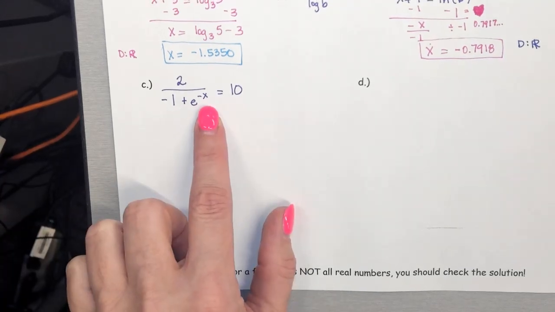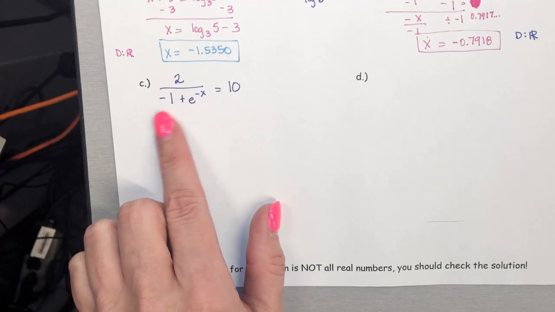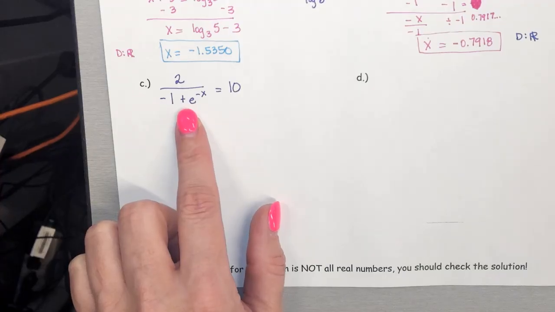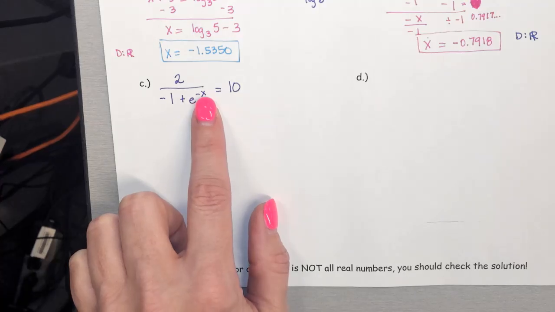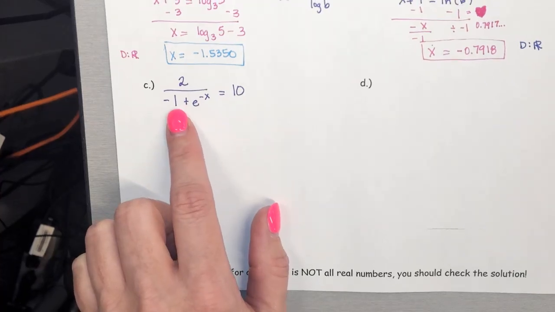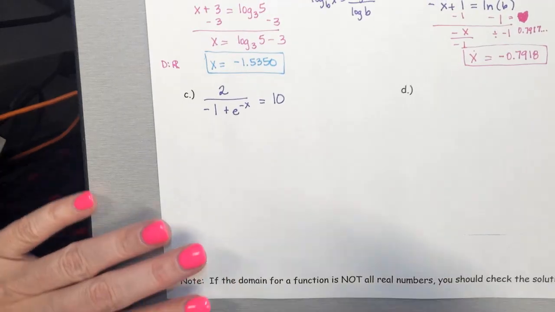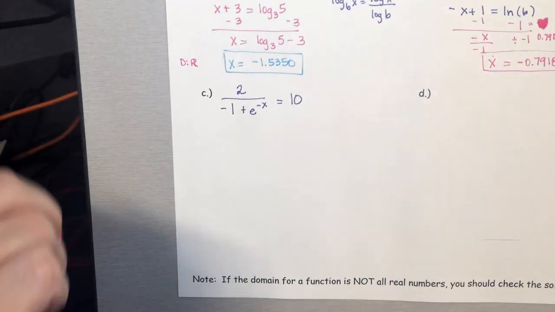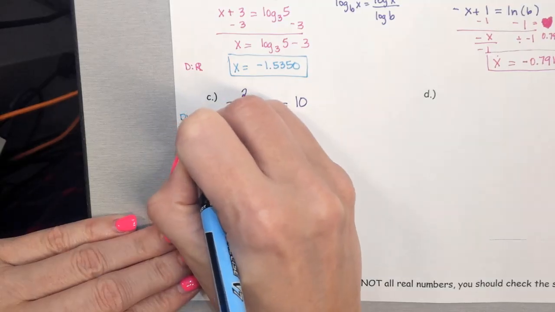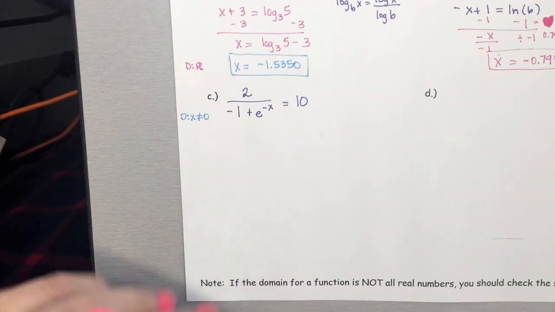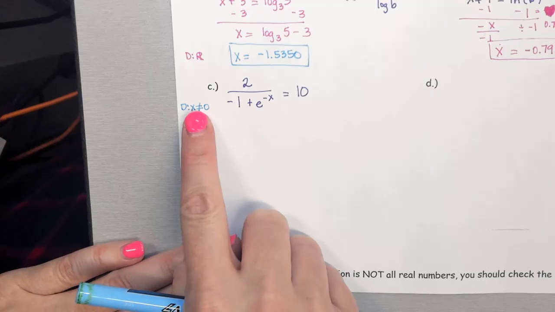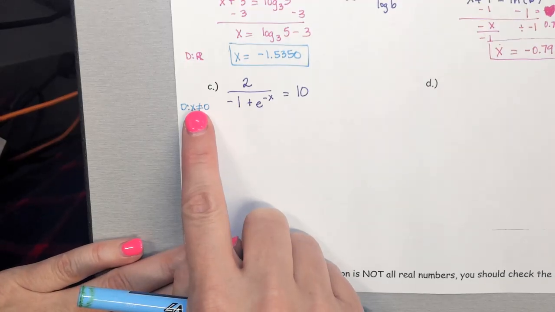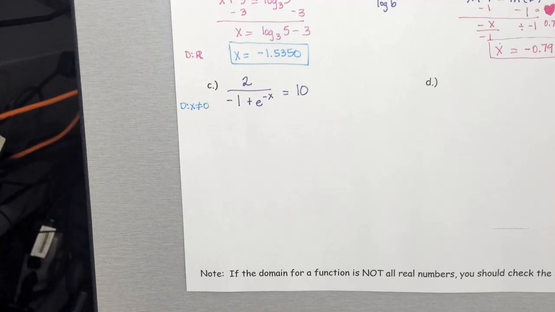What could I plug in for x that would make the whole denominator 0? 0, because what's e to the 0? 1. 1 plus negative 1, 0. Okay, so your domain for this one is that x can't be 0. Which means the only way you're going to get an extraneous solution is if x is equal to 0. Okay, and if that happened, you'd write no solution. But if x is not 0, then you're going to have a real solution here.